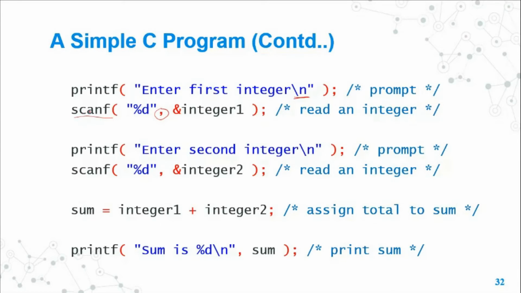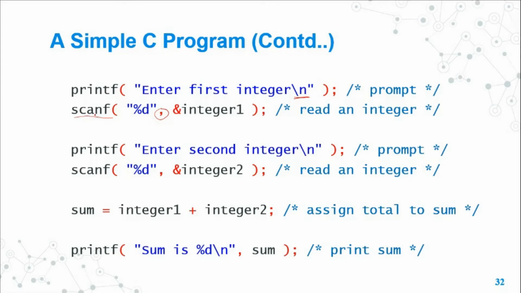The scanf is also a function within the stdio.h file, and it has two different parameters. One is, within double quotes, %d, and then the comma separates that parameter from the other one, which is &integer1. These two parameters are necessary for the scanf function.